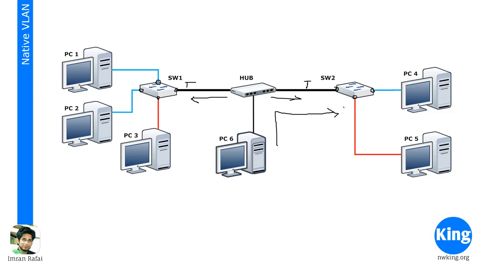The trunk port says, okay, this is traffic coming from a switch, but that frame does not have a VLAN tag. Now, if there is no VLAN tag, which VLAN will that traffic go into? Will it go into VLAN 20 or will it go into VLAN 10, right? Now, the switch doesn't know that.